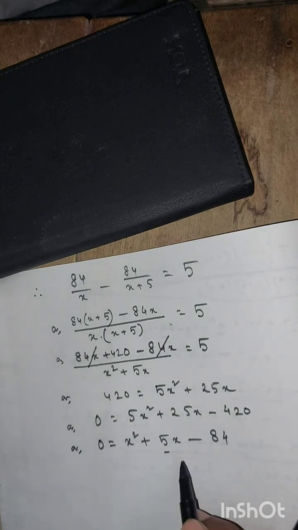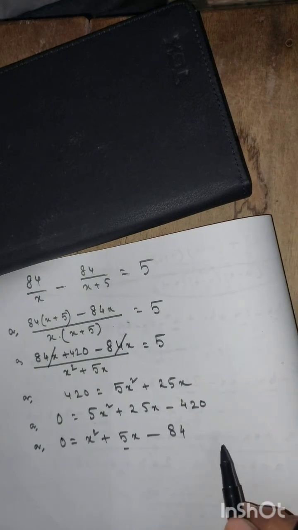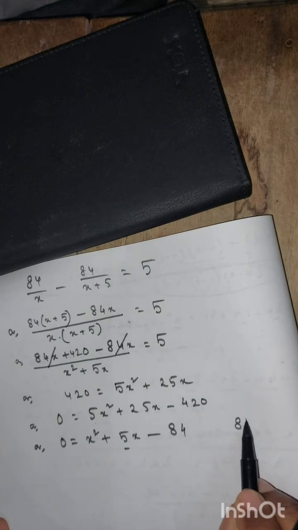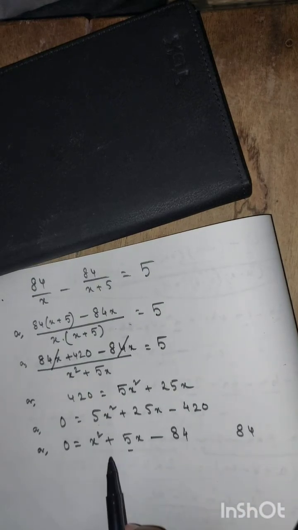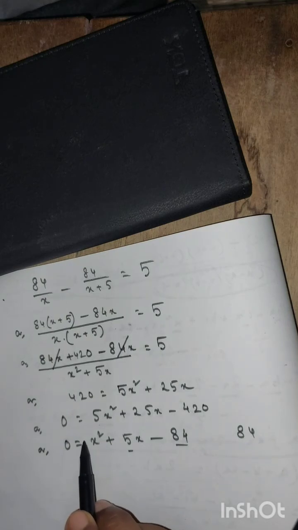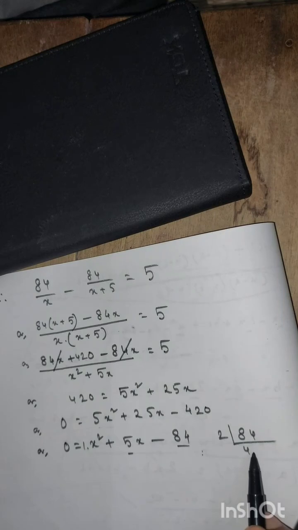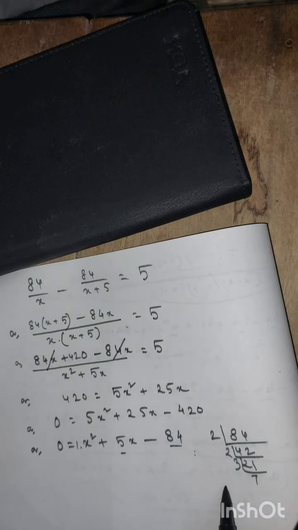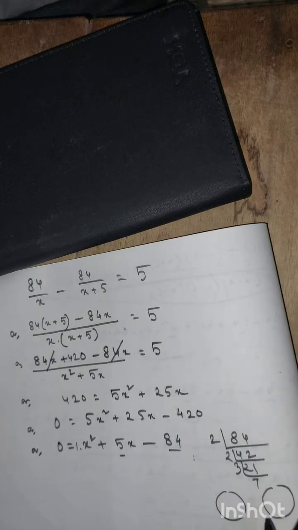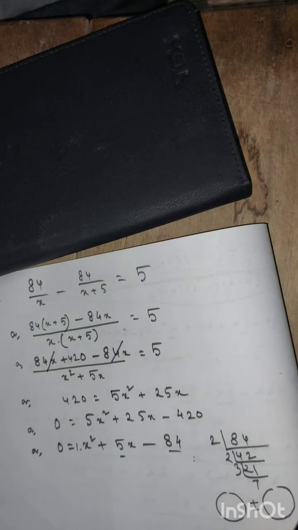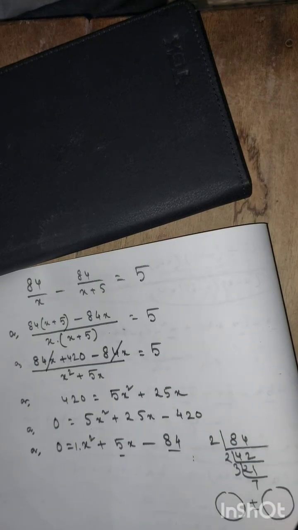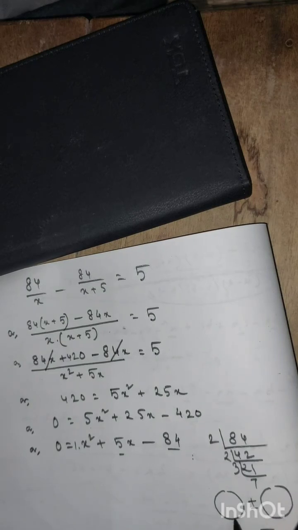Now if we break the middle term, how to break it? We have to multiply 84 to 1. So 84 into 1, 84. Now if we prime factorize 84, now if we put some of the factors in box 1 and some of the factors in box 2, we should get 5 by either adding or subtracting those numbers.